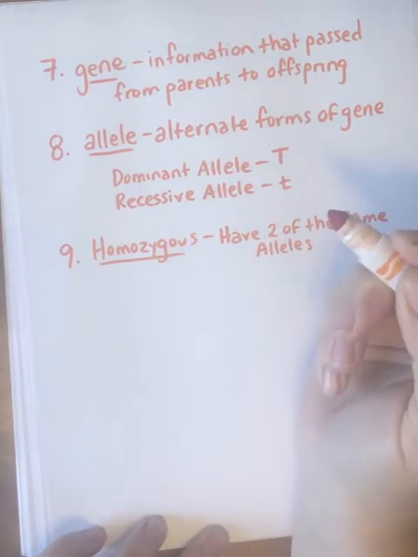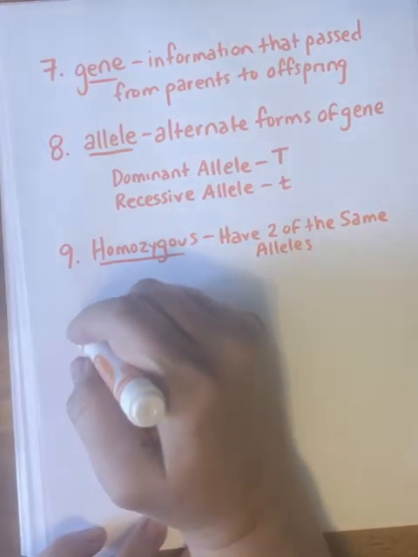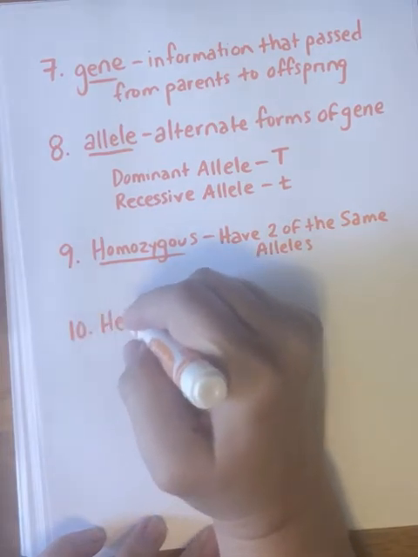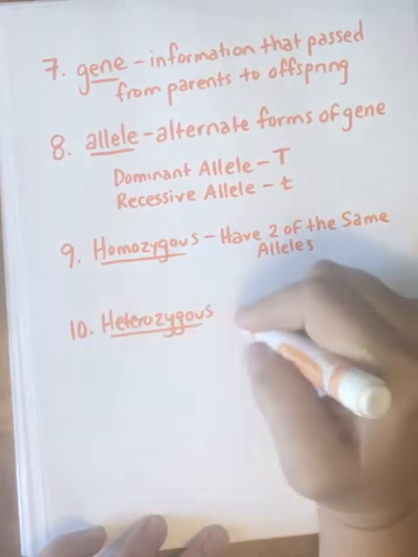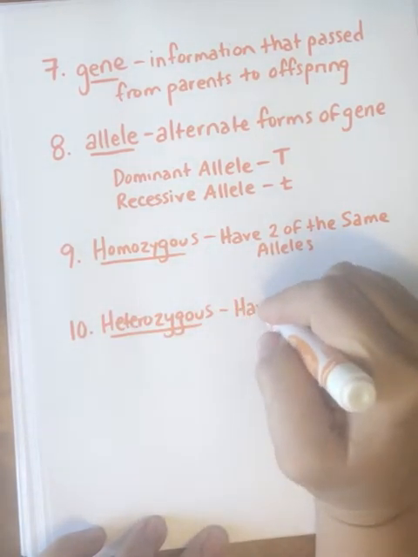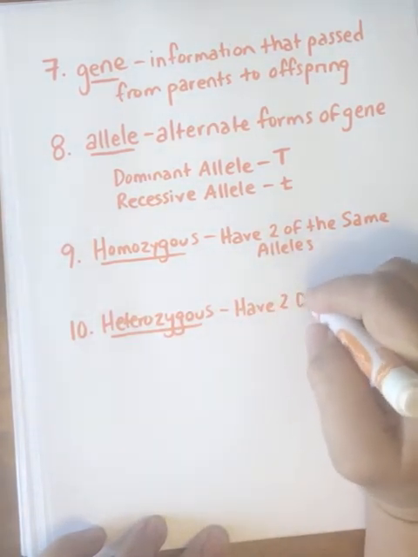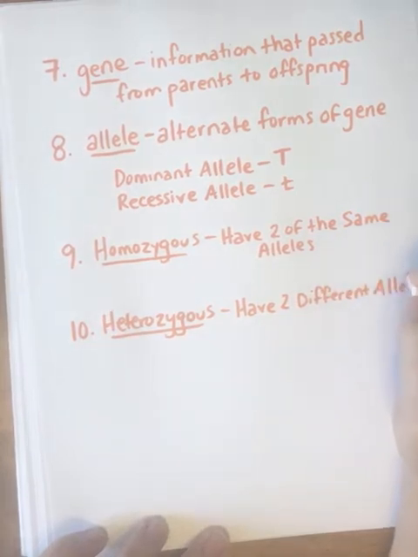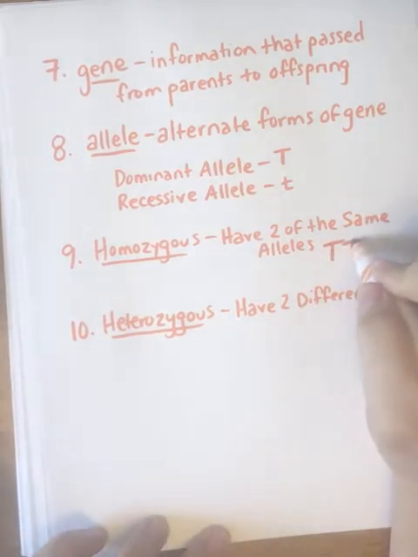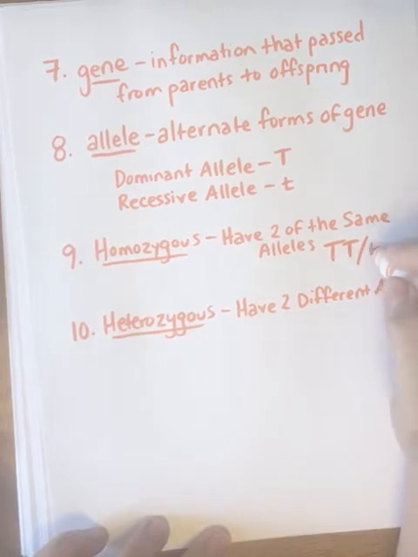When you use the word heterozygous, that means you have 2 different alleles. So if you have 2 of the same alleles, that would be 2 dominant or 2 recessive.